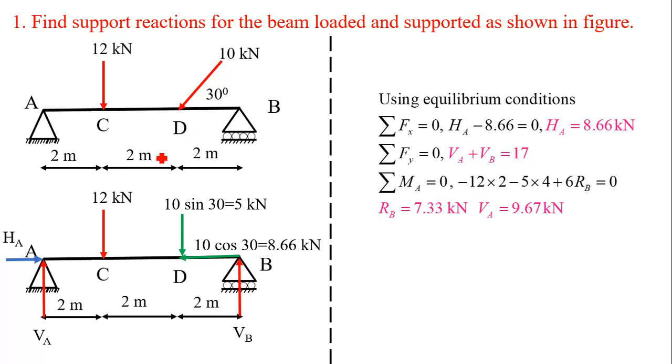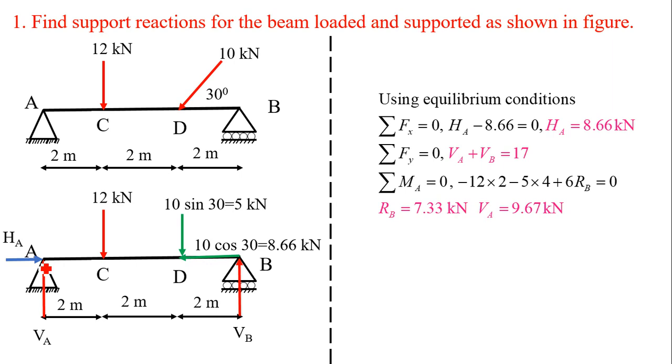Now the first job is to draw the free body diagram. In the free body diagram we replace these supports by means of the unknown reactions. At point A, as it is a hinge support, there are two reactions, a horizontal reaction HA and a vertical reaction VA. Initially we can assume any direction.